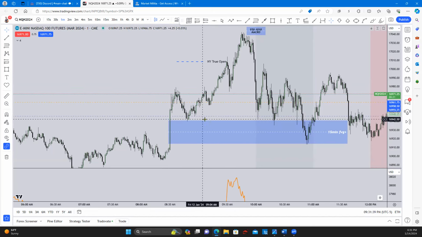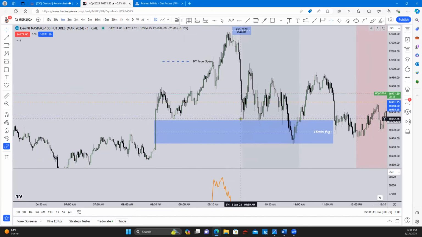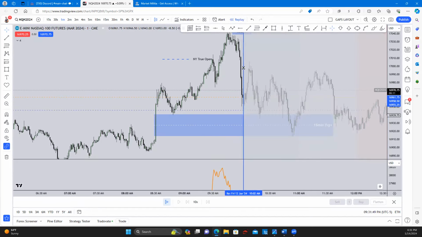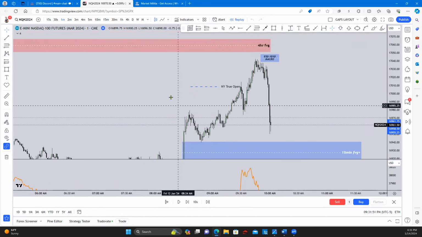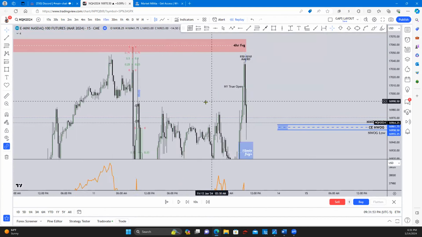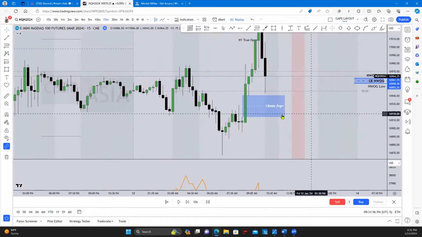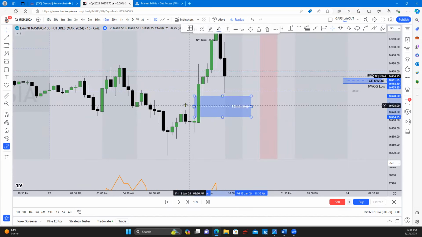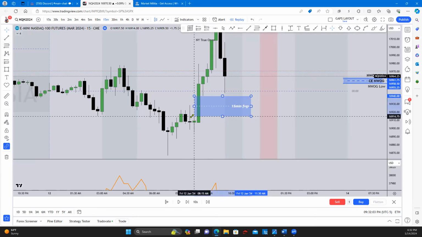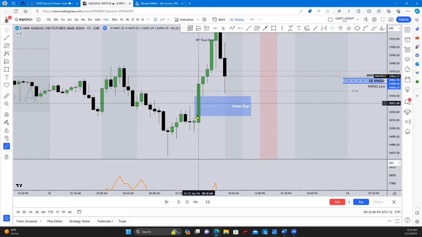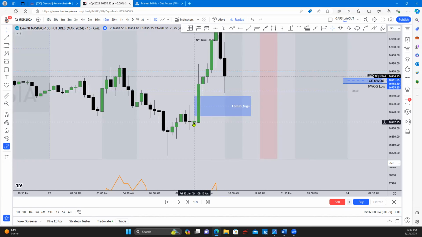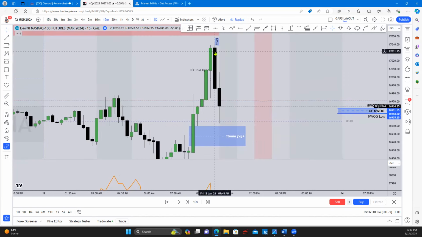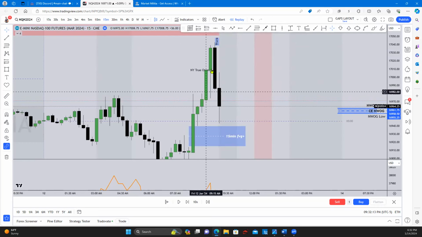But what I noticed was at this time on the 15-minute time frame, if we replay this and jump to the 15-minute, we can see that we had left this 15-minute fair value gap here. Okay. So from 8 o'clock, just about 8:15, up until 9:45, we had this run up.